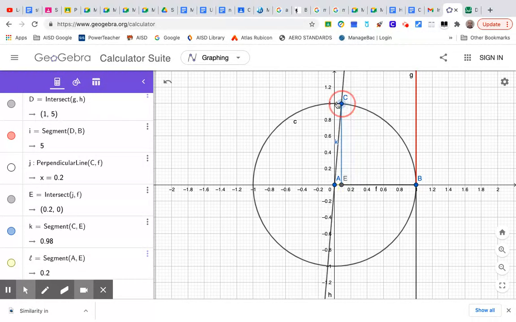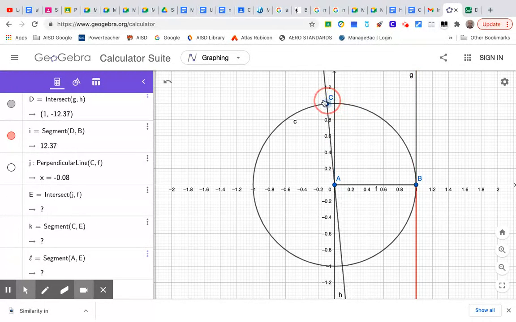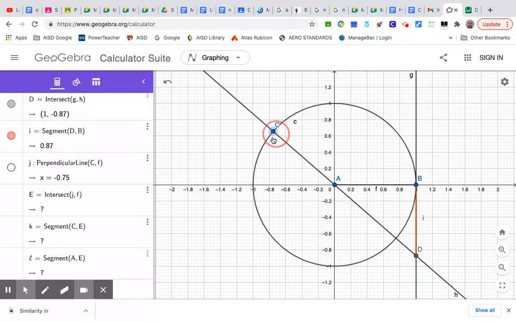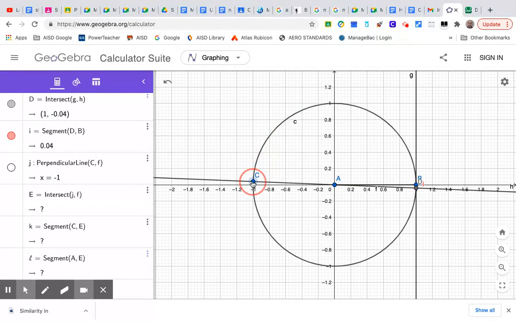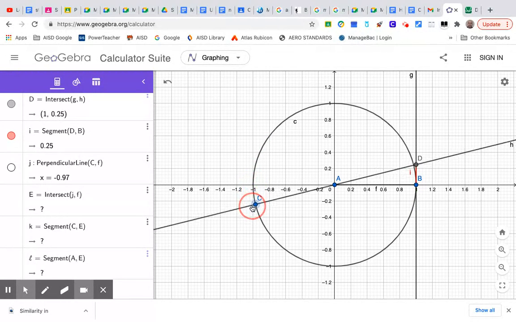Now let's move past 90, and what we notice is the line that passes through CA, the segment is now underneath. So as we go from 90 to 180, we're approaching 0, but from negative infinity. Now let's go from 180 to 270.